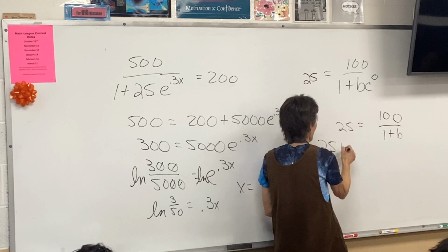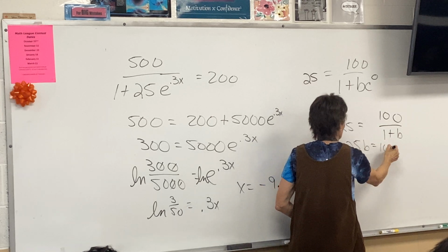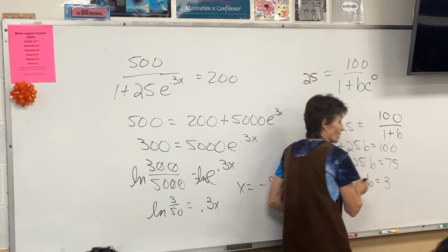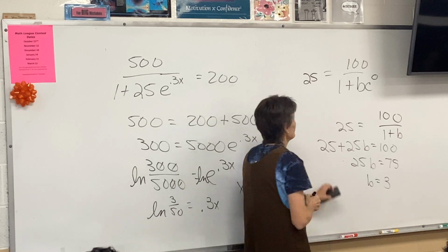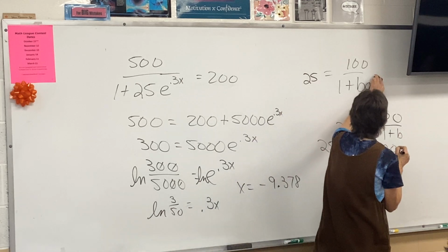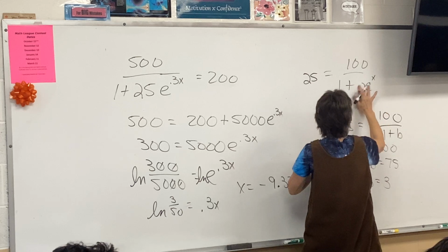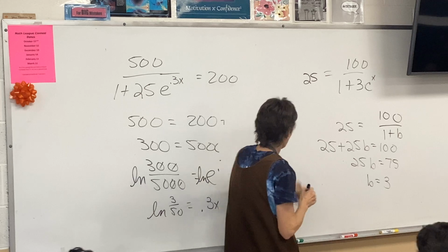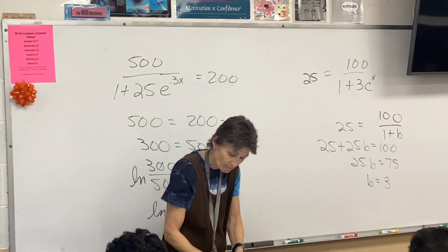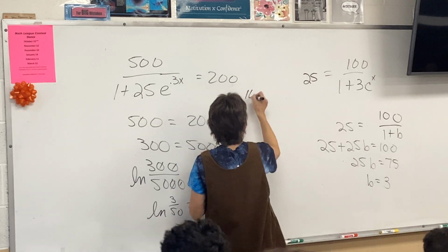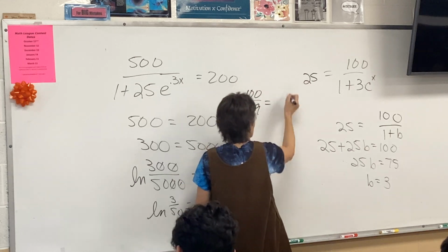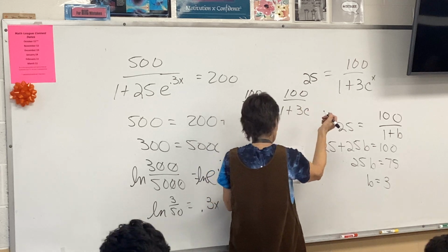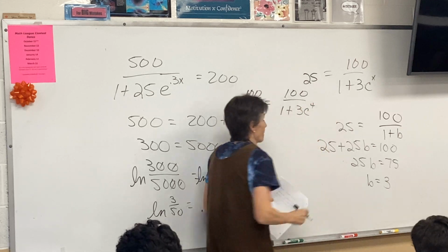So 25 plus 25b equals 100, 25b equals 75, b equals 3. So now, I know b is 3. So then I'll plug in my other point, which I erased, 149 equals 100 over 1 plus 3c to the 4th.